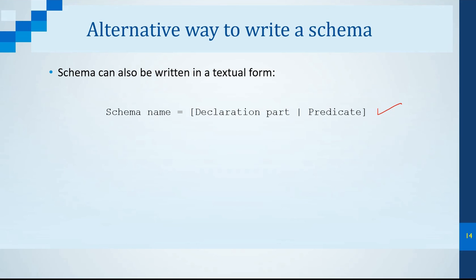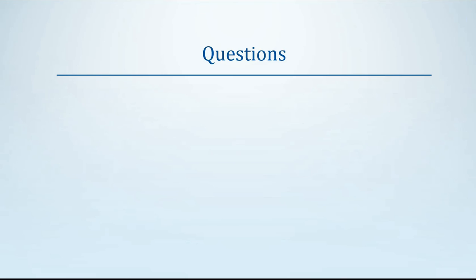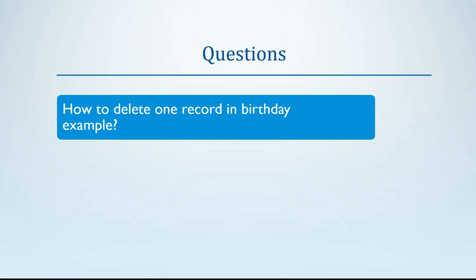So guys, now we have a question for you. You have to answer this question. How to delete one record? You see how we add one item. So how do we delete one record now? We just use union.